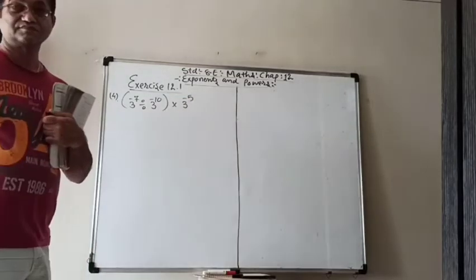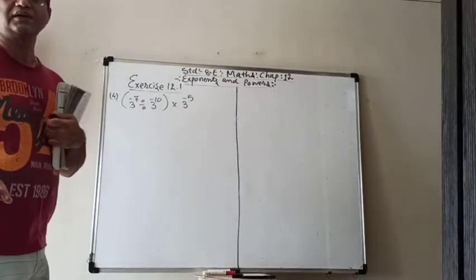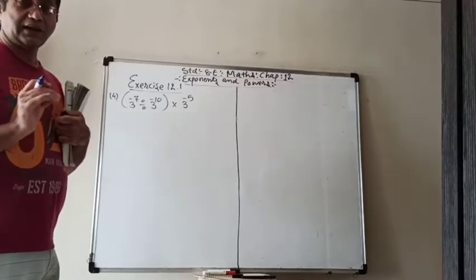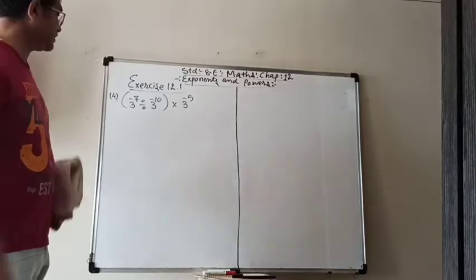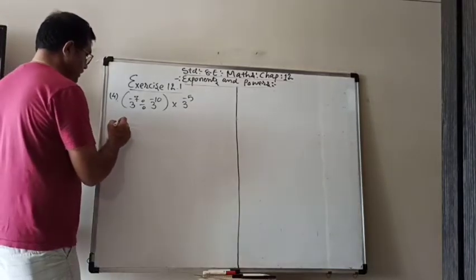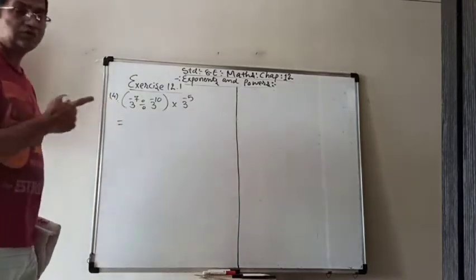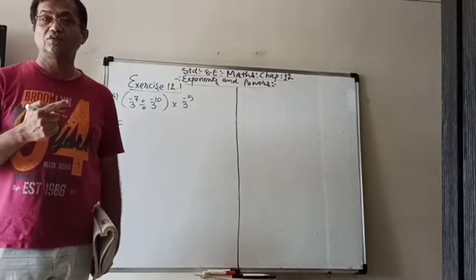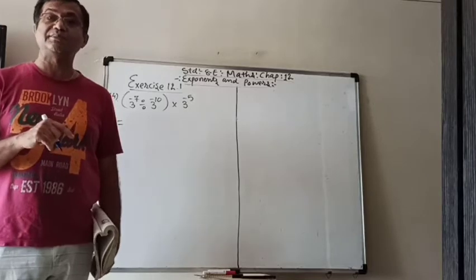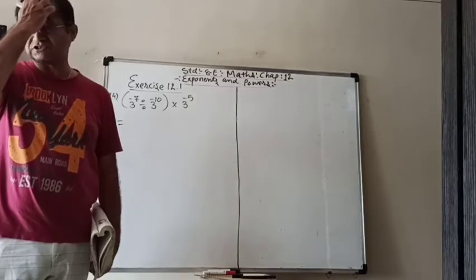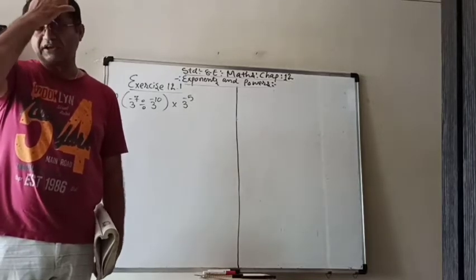So don't be in a hurry and watch carefully what I did. Now if we first do that negative to positive, then it will be difficult. So rather first do the bracket one.